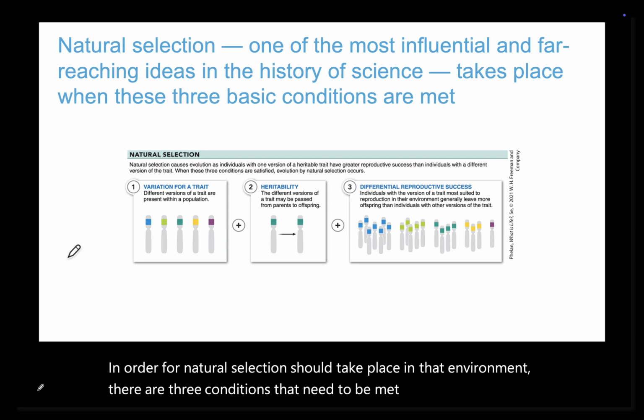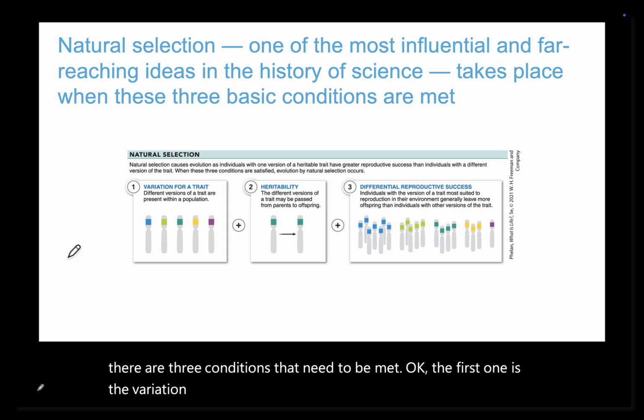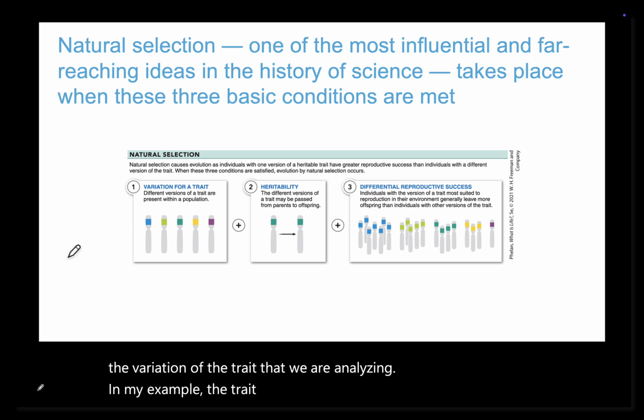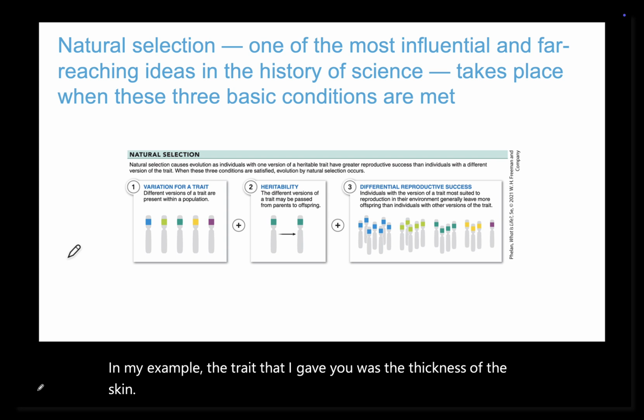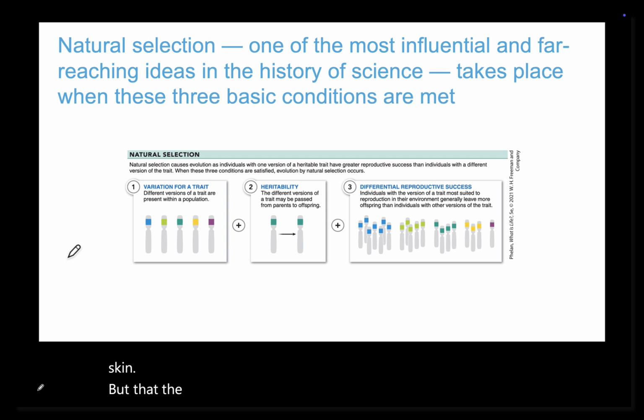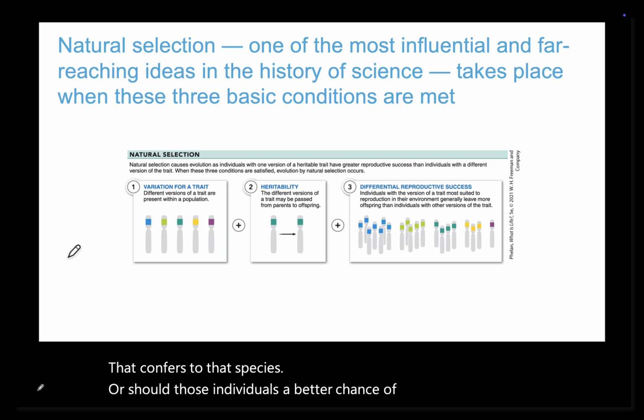Okay? The first one is the variation of the trait that we are analyzing. In my example, the trait that I gave you was the thickness of the skin. But the trait can be whatever confers to that species or to those individuals a better chance of surviving those selective pressures.